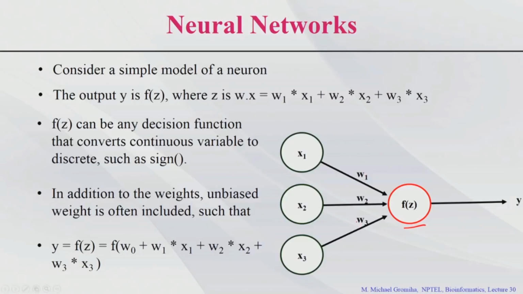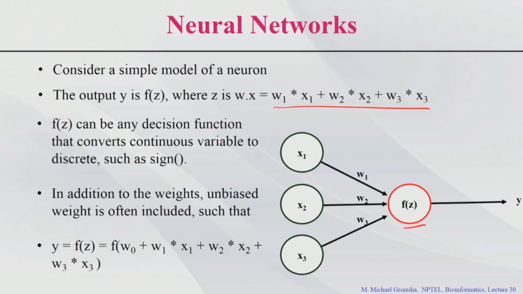So, the function f of z, you can write in terms of the weights and the inputs. So, it is this equation: w1 into x1, w2 into x2 and w3 into x3. This can be any decision function. So, depending upon your sign, for example, if it is plus, then this is one class, and if it is minus, it is the other class. You can use any sign function to assign which class it is.